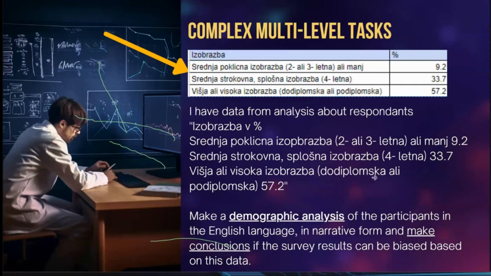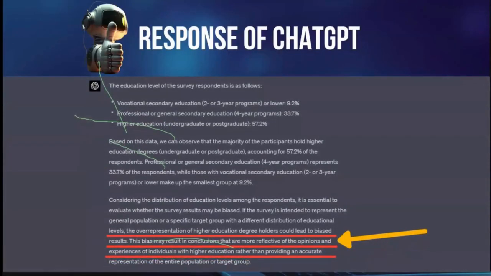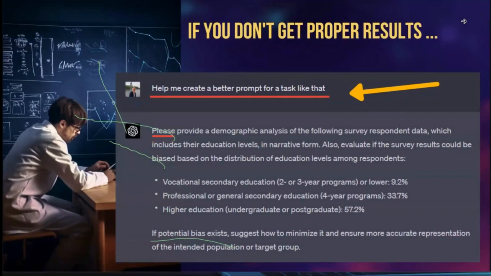Just in that one step, we did all the analysis we need very, very quickly. So that's why I want to tell you that even with basic knowledge of prompting, you can do a lot of things.